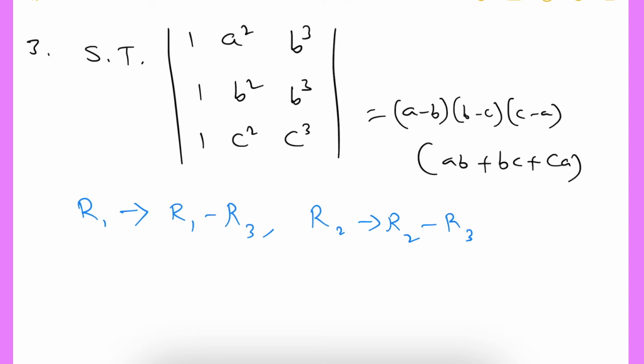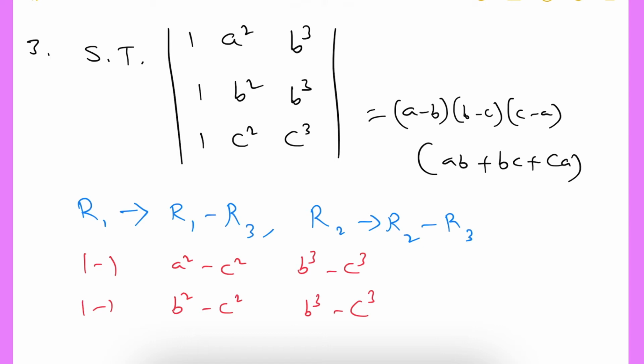Okay, let us check now. R1 is nothing but R1 minus R3. So it will become 1 minus 1, a square minus c square, b cube minus c cube. Next, the same way R2 is nothing but R2 minus R3. So 1 minus 1, b square minus c square, b cube minus c cube.